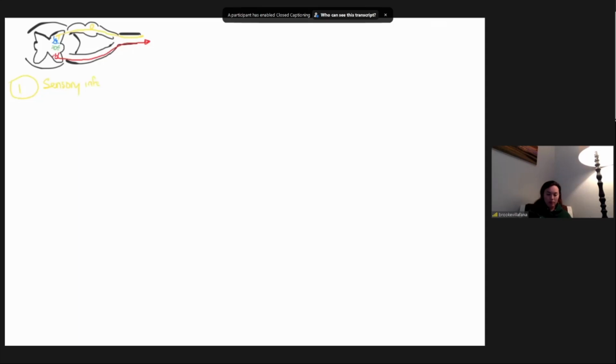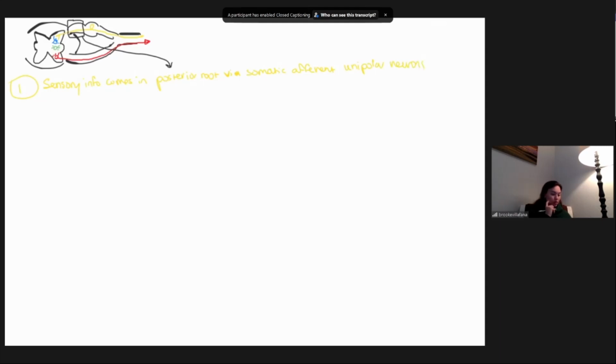Sensory info comes in the posterior root, which is this little section right here, via somatic afferent unipolar neurons.